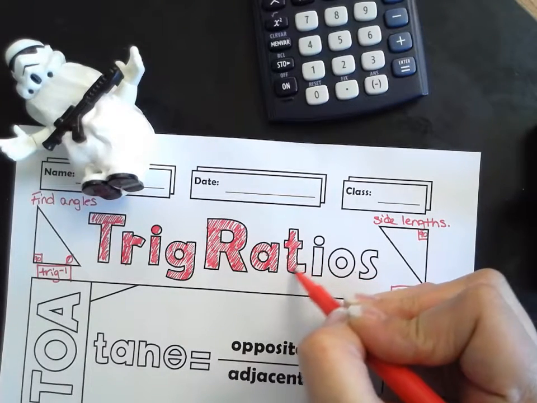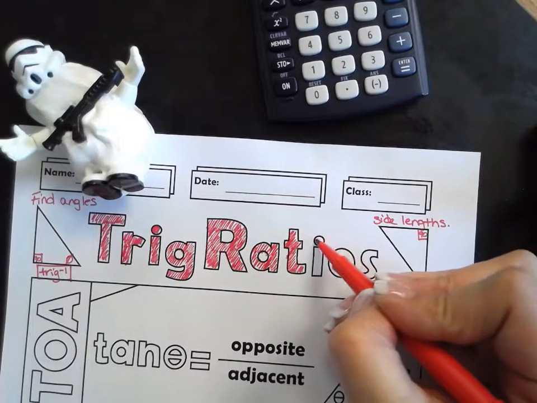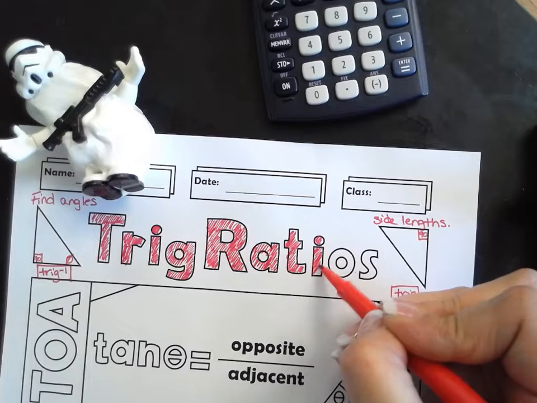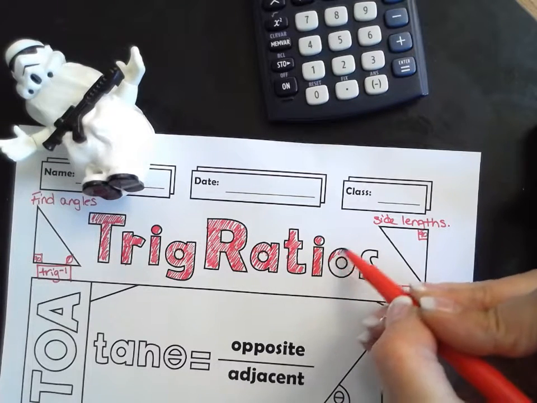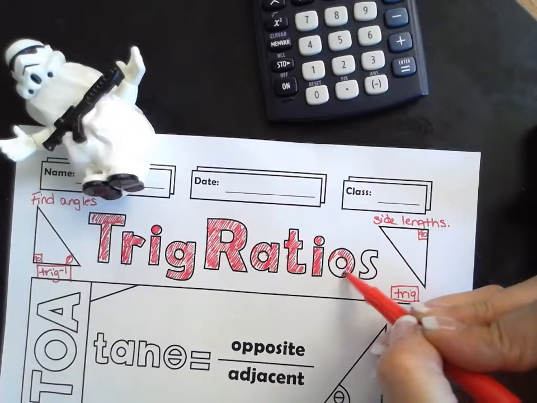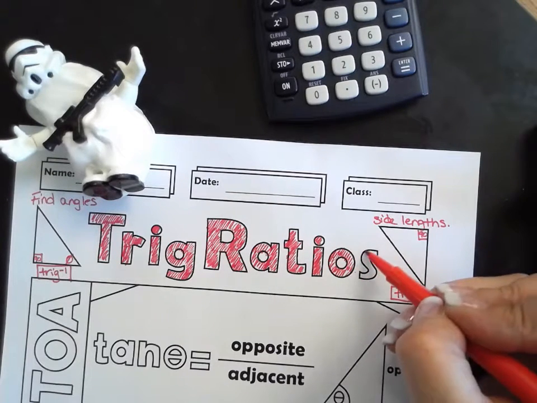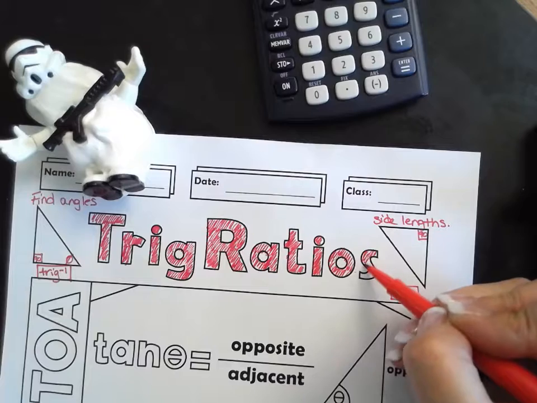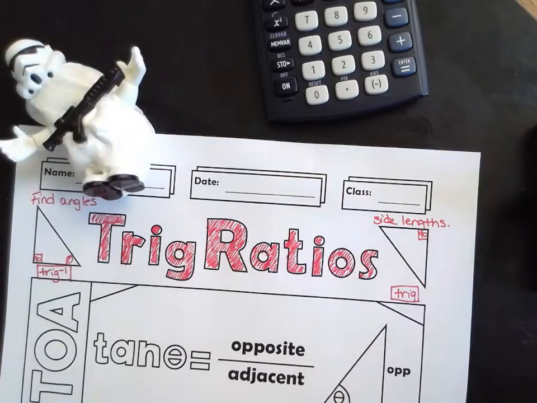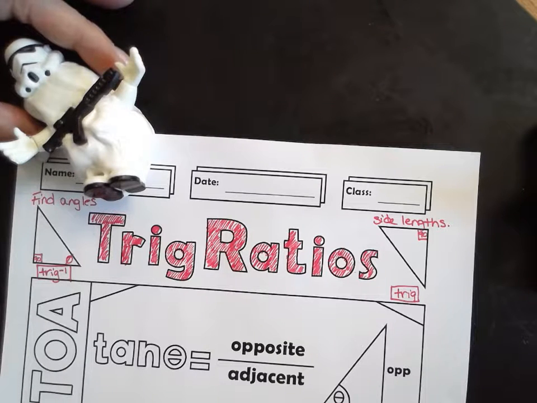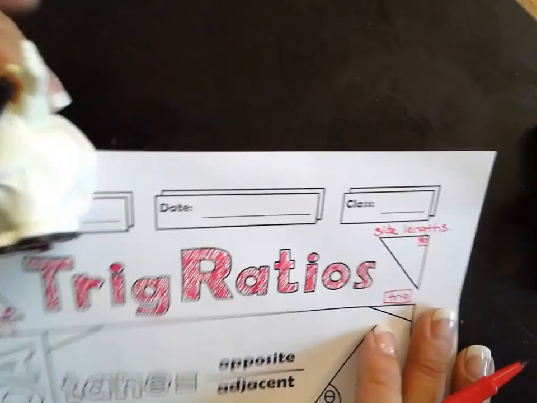There are 3 different trig functions, and we use SohCahToa to help us keep track of what our ratios were, right? So let's start with the Soh. Go down to the bottom of the page.